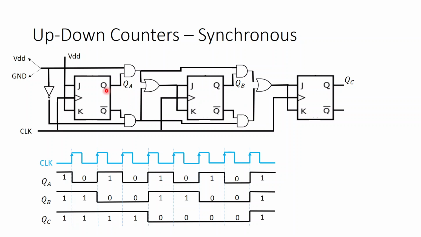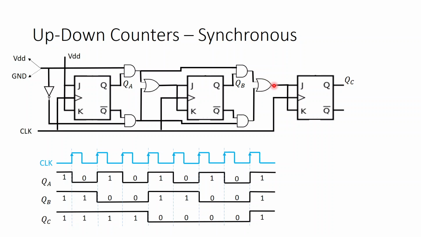But the outputs of the higher AND gates will get dictated by QA, and then this QA will pass here, and in QA and QB. So this is like the up counter, right?